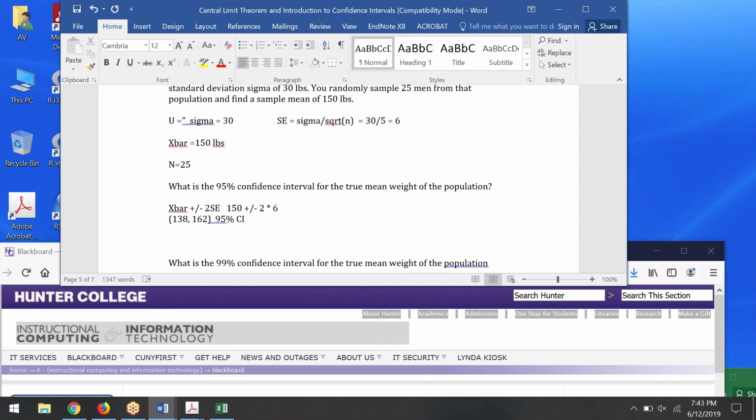Let's say that's pretty interesting, but you want to know something? This is a little bit of a lie again. Really, X bar plus or minus, okay, not 2 standard deviations for 95%. What do you guys remember what it should have been for 95%? You may be typing in there and I can't tell.